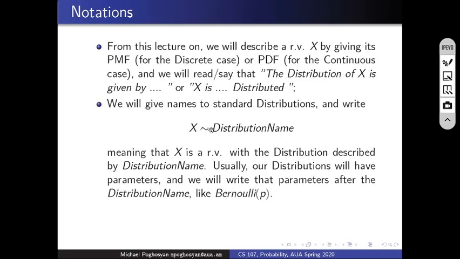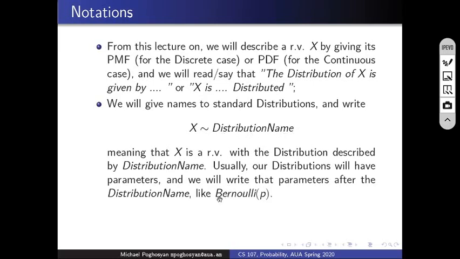So the distribution name will be, say, geometric or uniform or something else. Usually our distributions will have some parameters, and we will include those parameters in the distribution name.